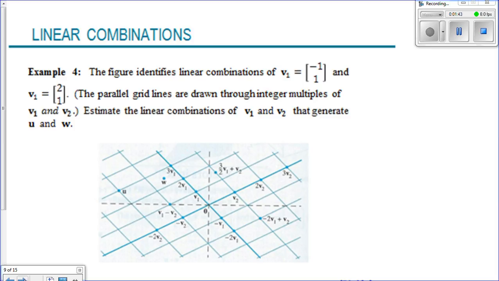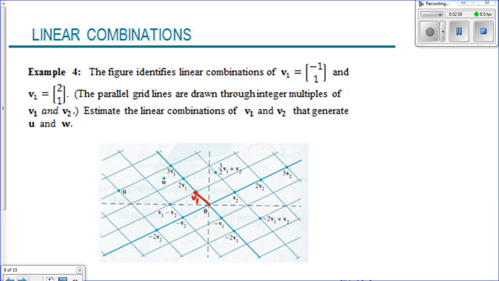Okay, so now the figure below identifies linear combinations of v1, which is negative 1, 1. So let's look at negative 1, 1, which is this vector right here. So that's v1. Okay, multiples of v1 then, we noticed previously that they're either in the same or the opposite direction.